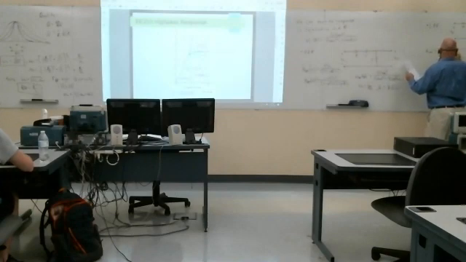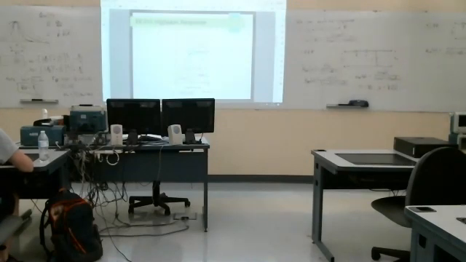It's the same denominator. What's different in every case is the numerator. Again, as you take the limit as s goes to 0 here, this approaches 1. Take the limit as s becomes infinitely large, then it's 1 over s squared, or approaches 0. So this would be a low pass.